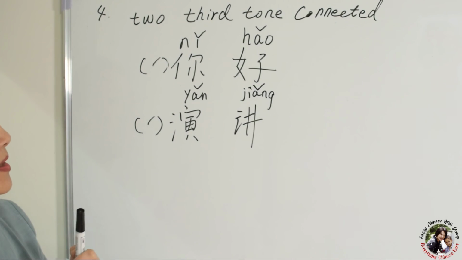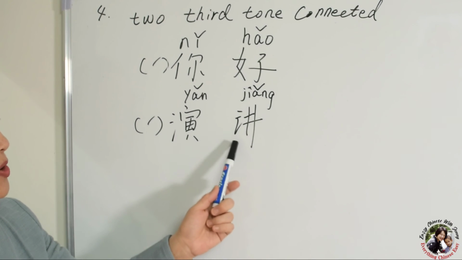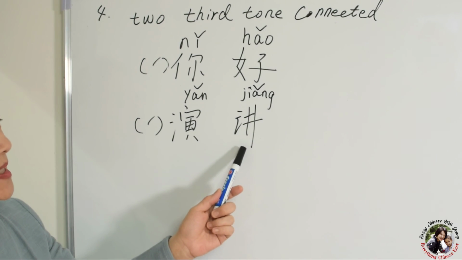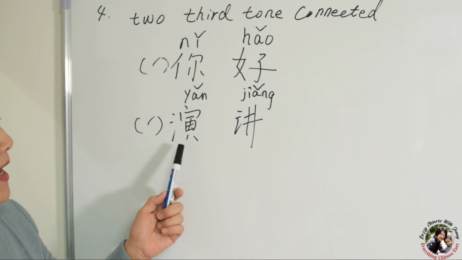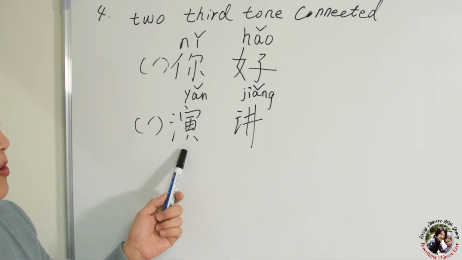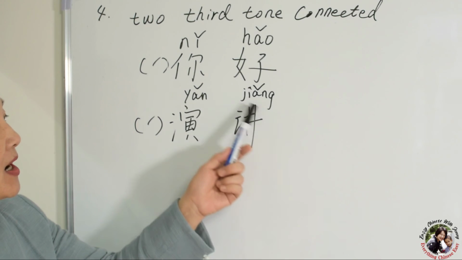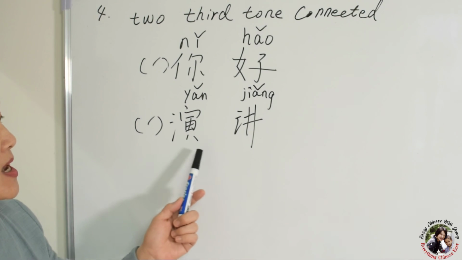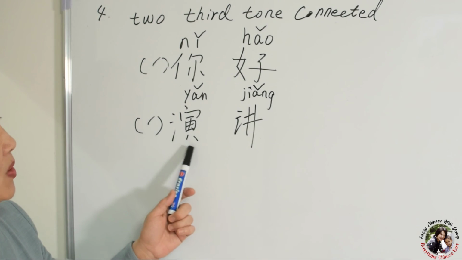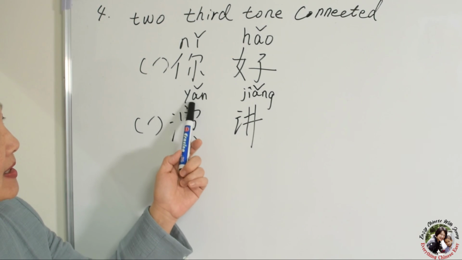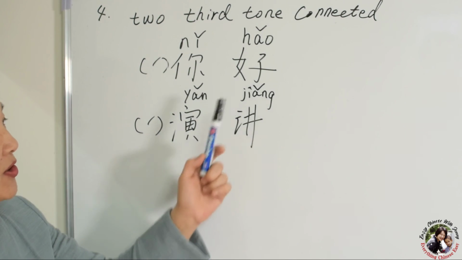Another example. We have learned this character for sure last time. 讲 means talk, speech. 演 means performance, like acting. So together, these two characters mean make a speech. They are both third tone. 演 third tone, 讲 third tone.